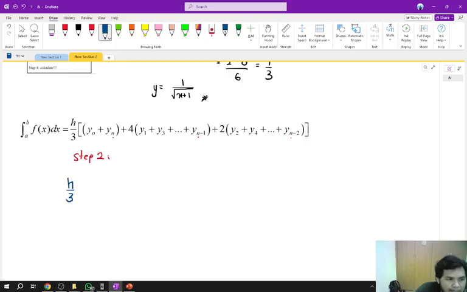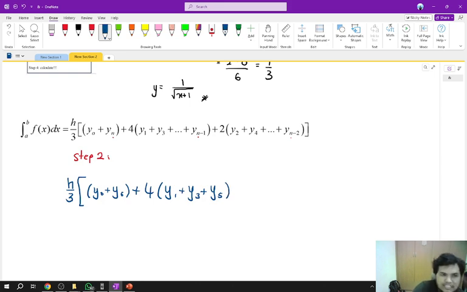h over 3, big bracket, y0 plus y6 for the first and last terms, plus 4 times the odd numbers, y1, y3 and until y5. How do we know y5? Because if we replace n with 6, 6 minus 1 gives us 5, so we stop at 5 for the odd part of the equation.